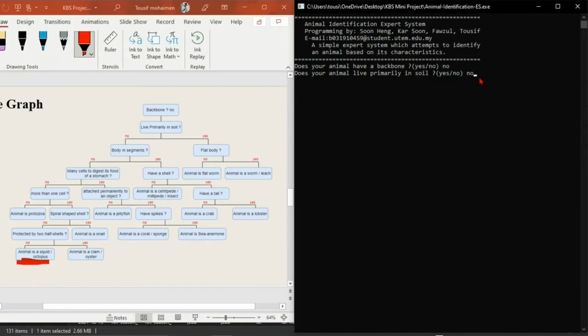Alright, no. Is the animal's body in segments? Alright, this also no. Does our animal use many cells to digest its food instead of a stomach? Alright, no.